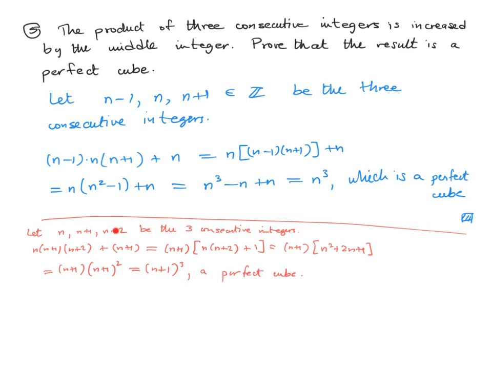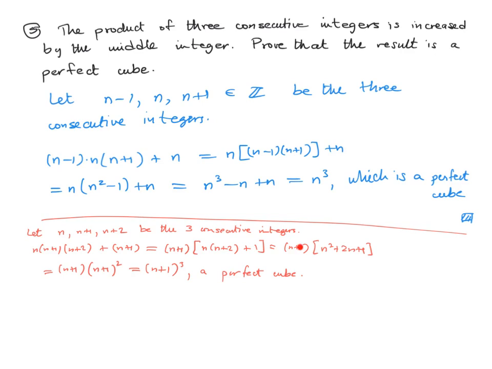If you do n, n plus 1, n plus 2 as the 3 consecutive integers, then you have to multiply n times n plus 1 times n plus 2, and then add on the middle integer, which is n plus 1. And then the slick way to figure this out is to factor n plus 1 out between this term and this complicated term over here, leaving you with n times n plus 2 and then plus 1. So n plus 2 and then plus 1.